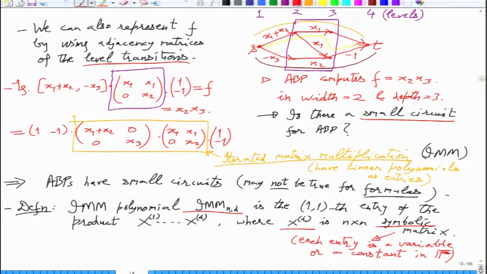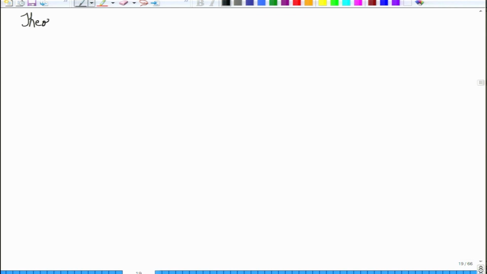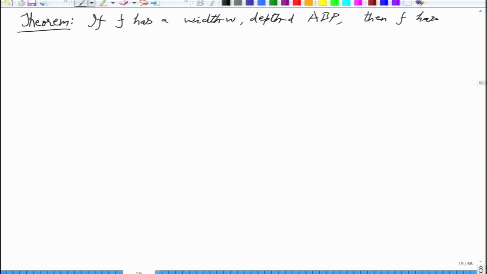So then we can write down this theorem based on the observations that if F has a width W, depth D ABP, then F has an iterated matrix multiplication representation of size.